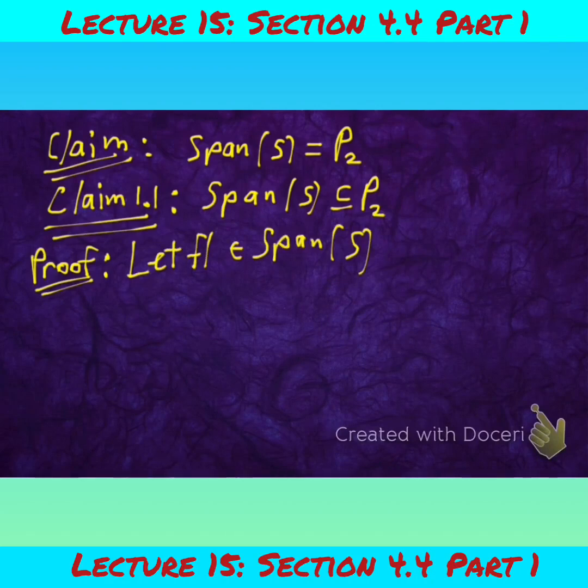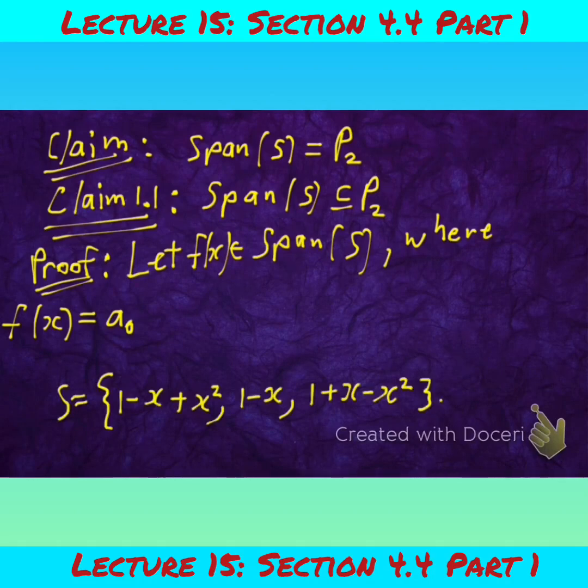Let's take f of x in the span of S. What needs to happen for something to be in the span of S? It must be a linear combination of the vectors in S. So for f of x to be in the span of S, it needs to be a linear combination of the vectors in S.